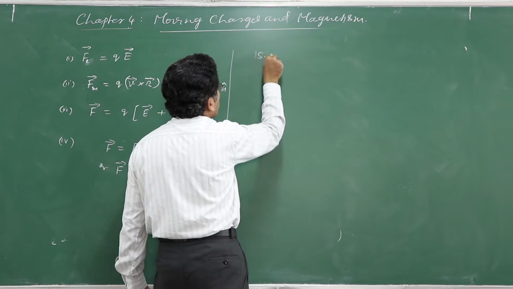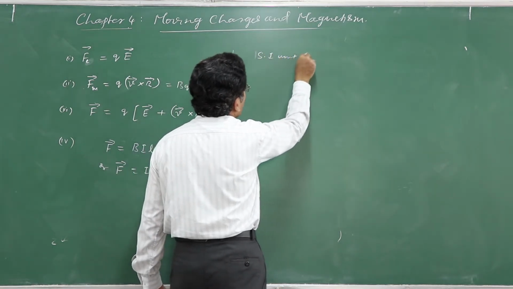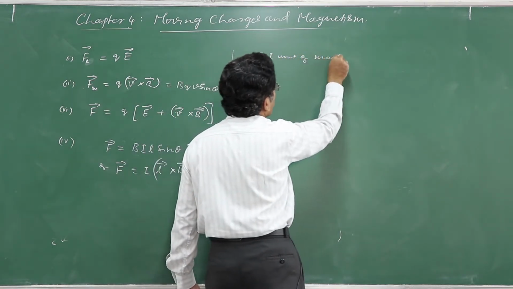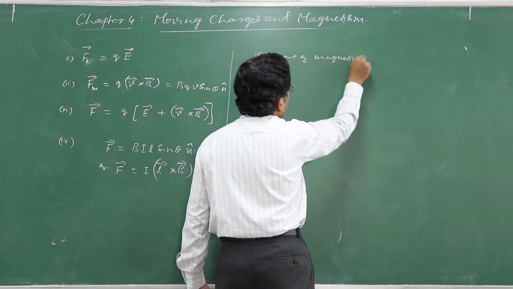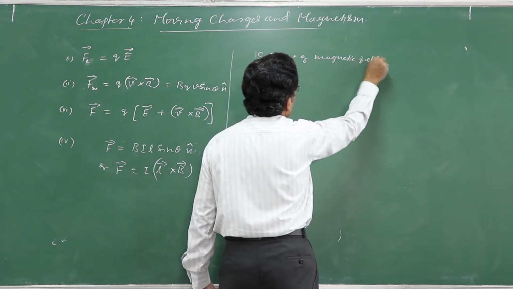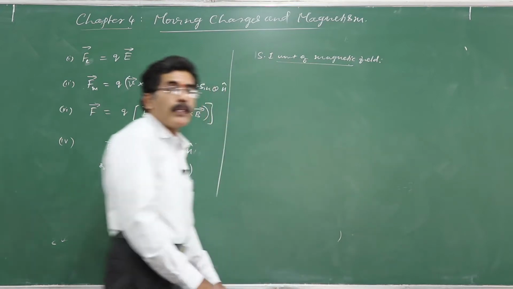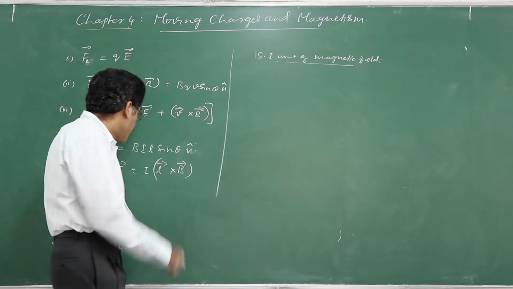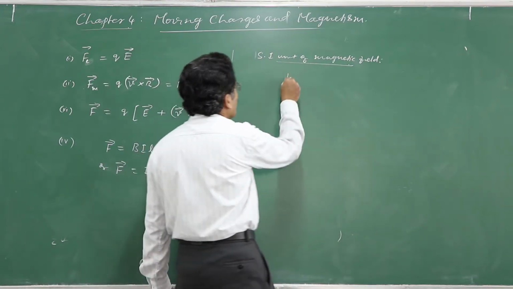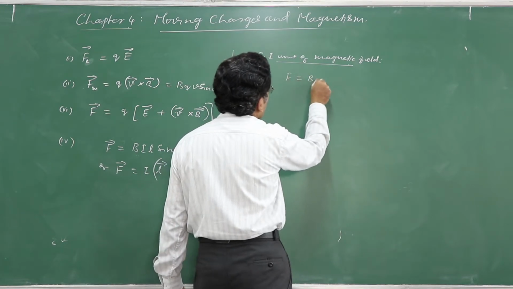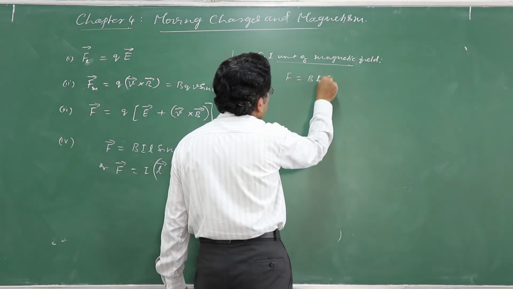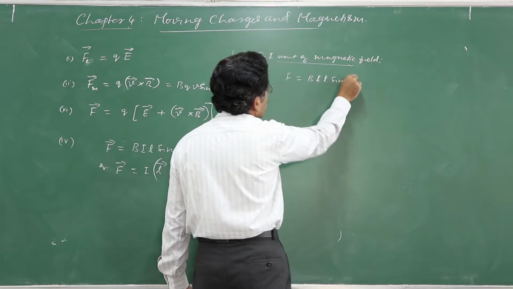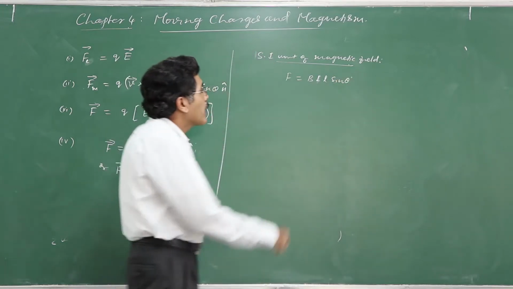So I must tell you something about the SI unit of magnetic field. Suppose you take this equation, F is equal to BIL sin theta. How can we write B?